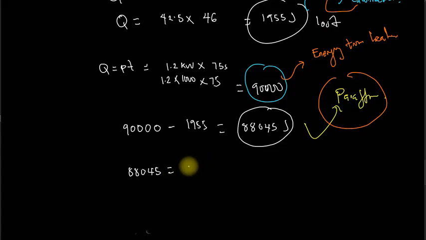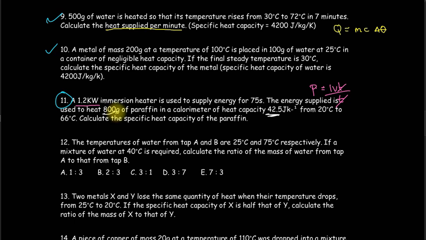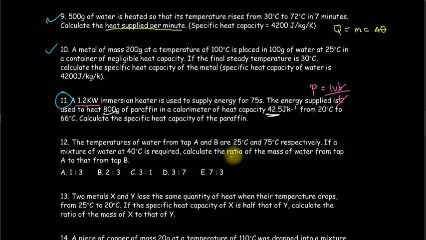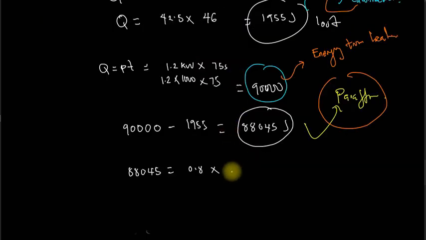mcθ. The mass was 800 grams divided by 1000, that is 0.8, times the specific heat capacity, for paraffin, that's what we're looking for, right? And we have the change in temperature as 46.